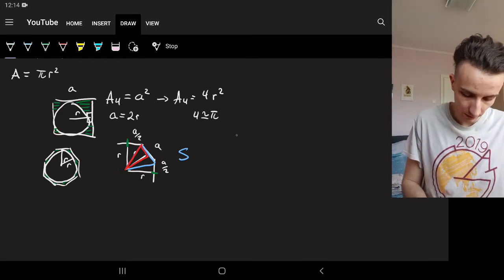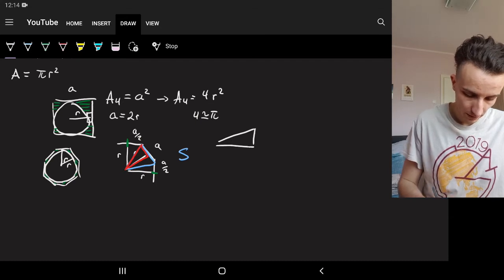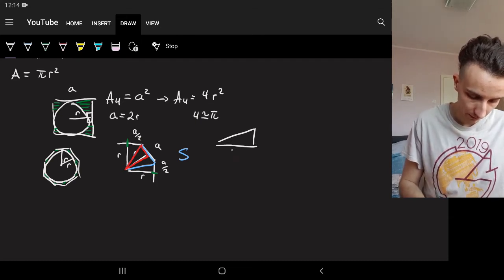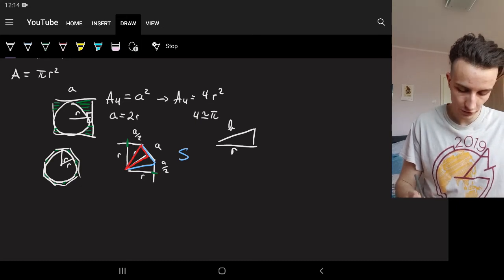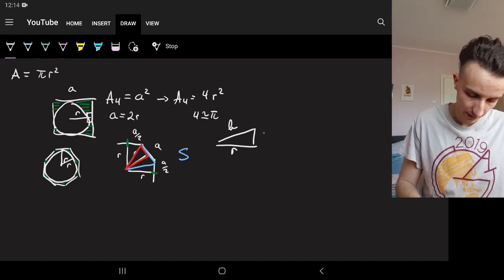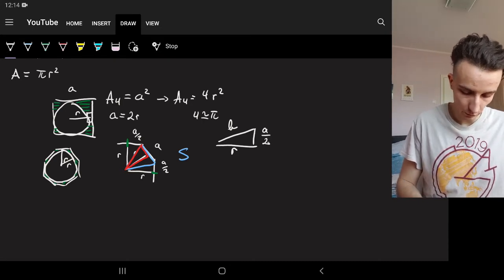And in the red triangle, which I'm going to draw here, we have R, we have the hypotenuse, I'm just going to call that H, and we have a half. Okay, that's pretty clear.